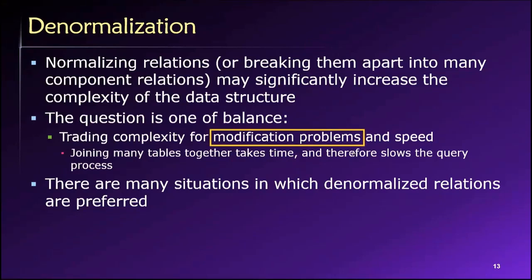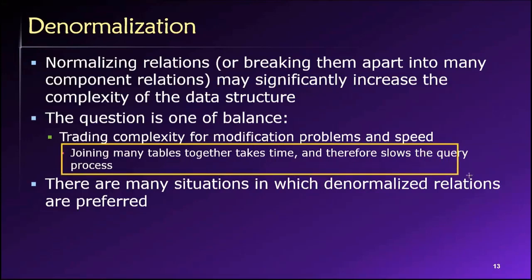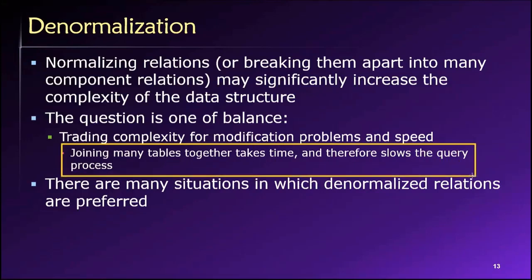So as our database design increases in structural complexity, things become slower because we have to do things like joins. If you remember when we studied the structured query language, we learned all about joining tables together. And you can imagine if you just think of yourself as a human being and you're joining two tables together, it takes work to do so.